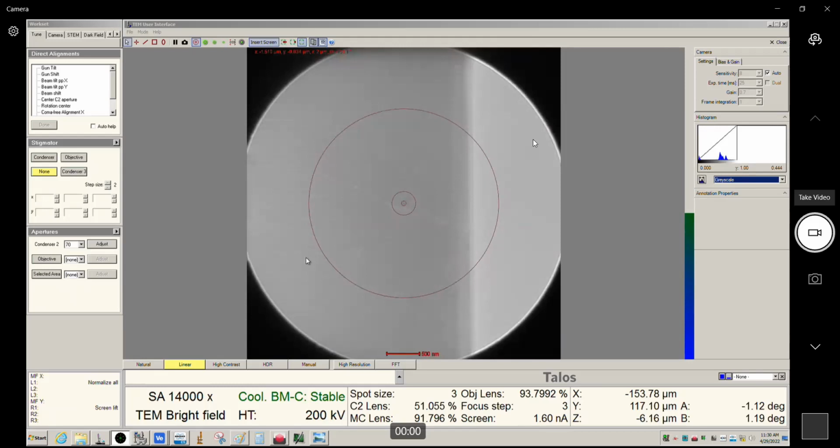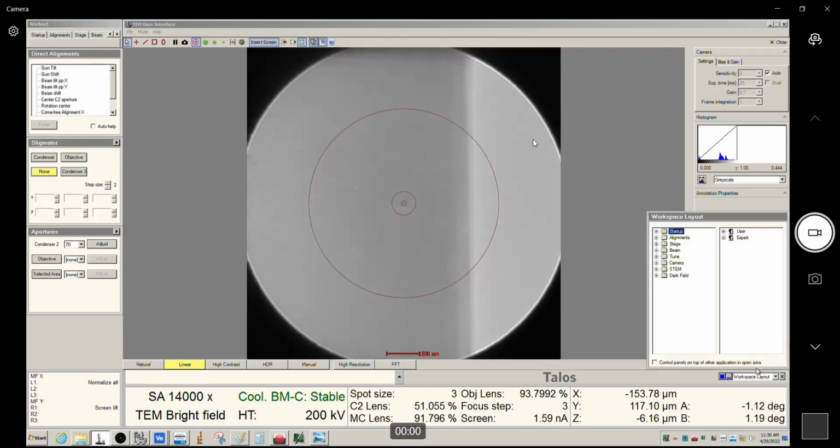The only other last thing, which is kind of a housekeeping thing: maybe you've seen other FEI microscopes at other facilities, or other videos or SOPs. One thing I'd like to point out is that these tabs here in microscope control are purely arbitrary in terms of how they're named. You have the ability, and please don't do this, I'm just showing you how, to name these anything you want.